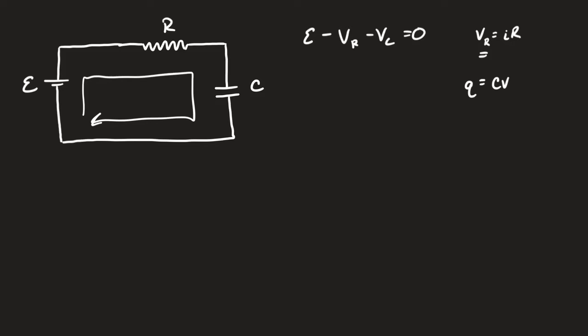Now, keep this in mind. If at time 0, the voltage across the capacitor is 0, then at time 0, the voltage across the resistor equals the EMF. So it's as if the capacitor doesn't exist at time 0. Does that make sense?